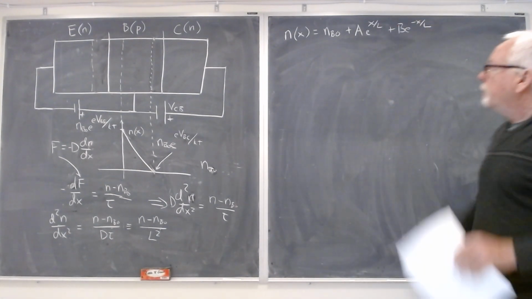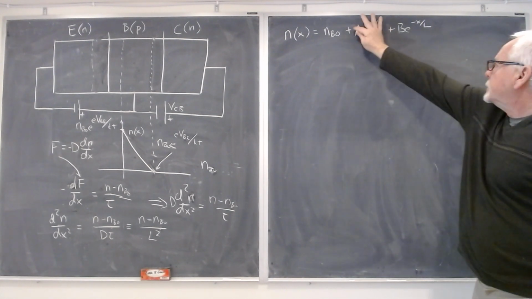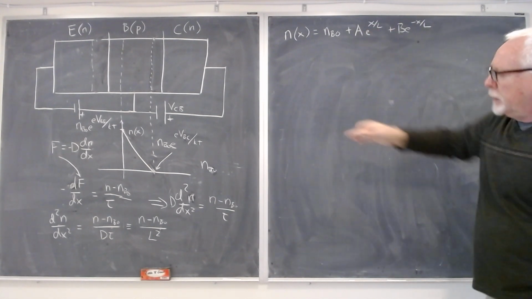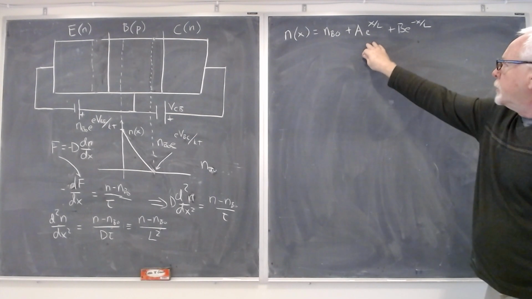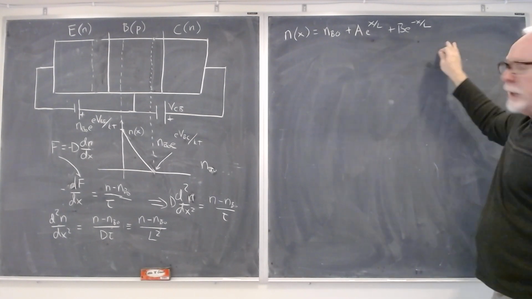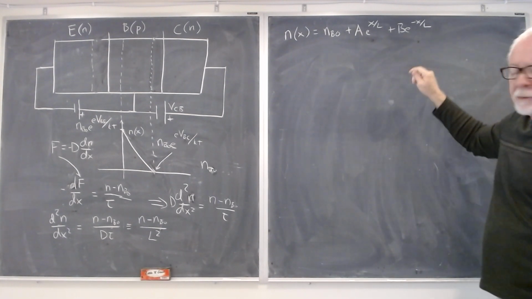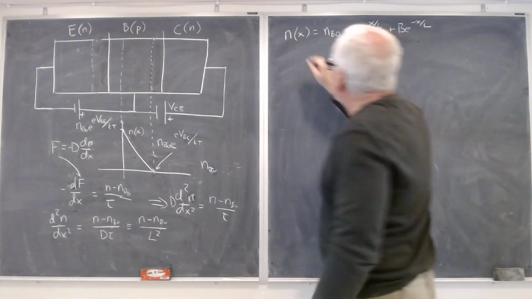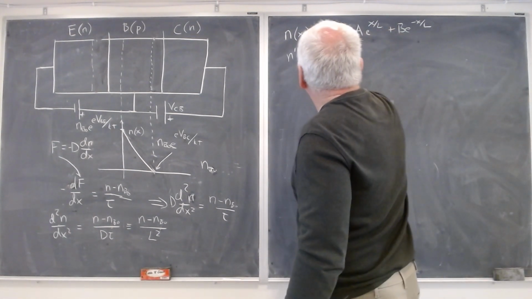Now we're used to just seeing this one here because it's decaying, but both the growing and decaying are solutions to the differential equation, and you can see that by taking the second derivative.